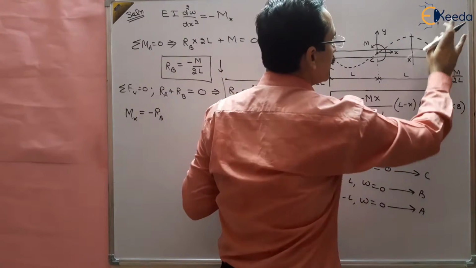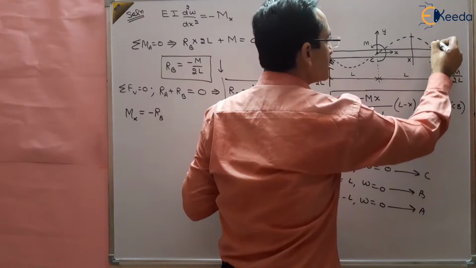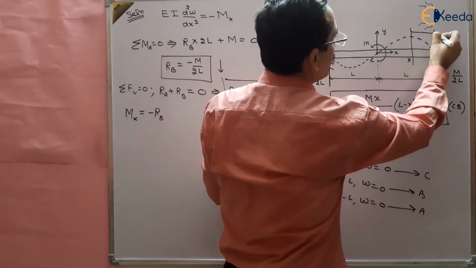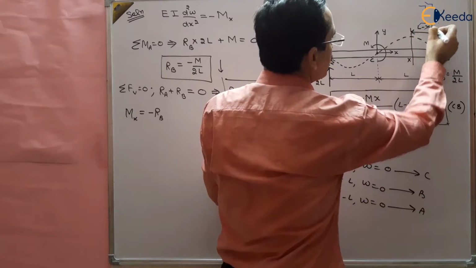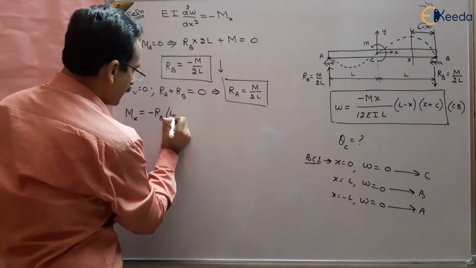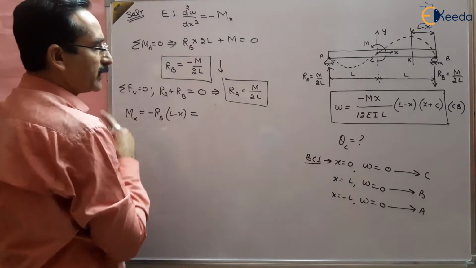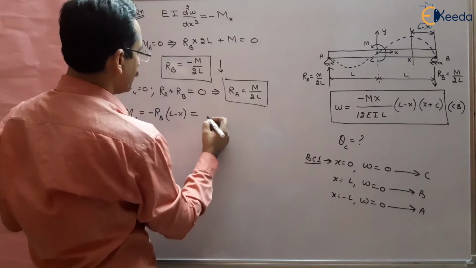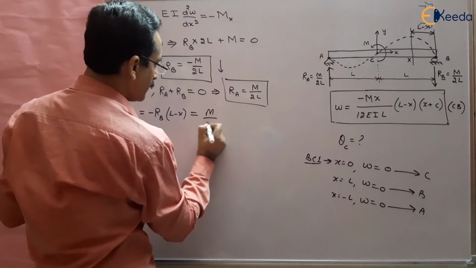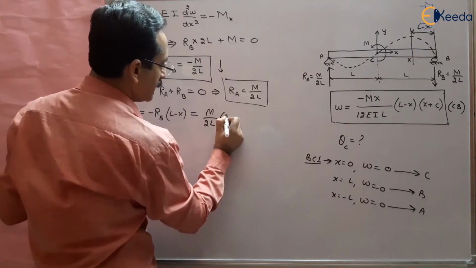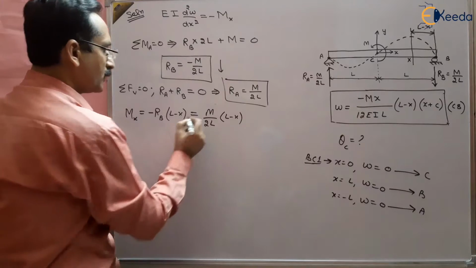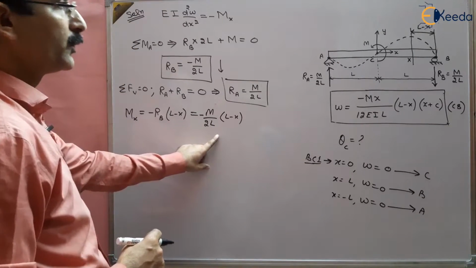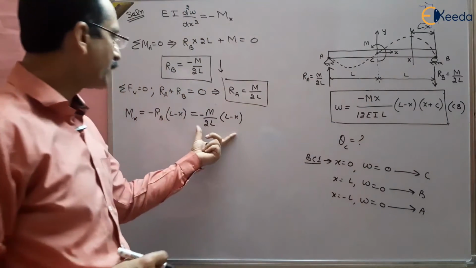Because we are taking X from the center, this distance will be L minus X. So this will be RB into L minus X. RB is M by 2L, so M by 2L into L minus X, negative of this.